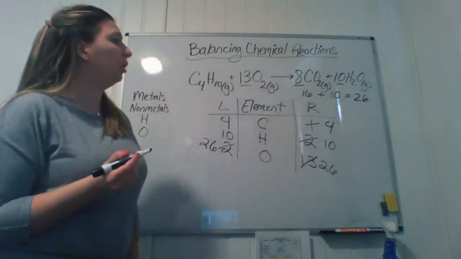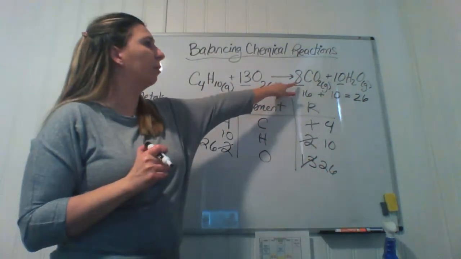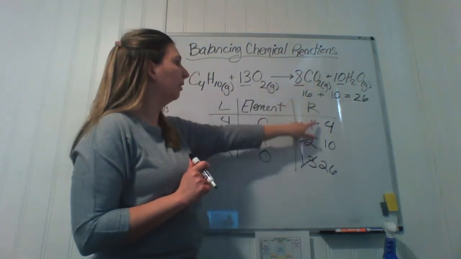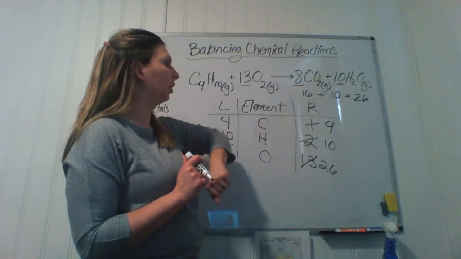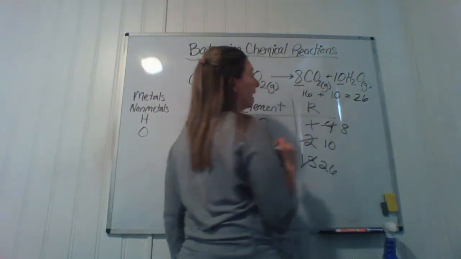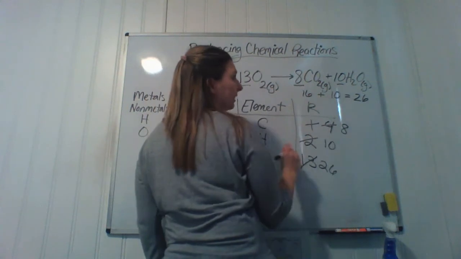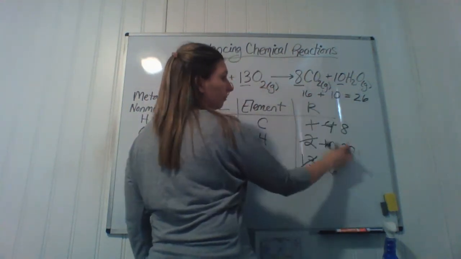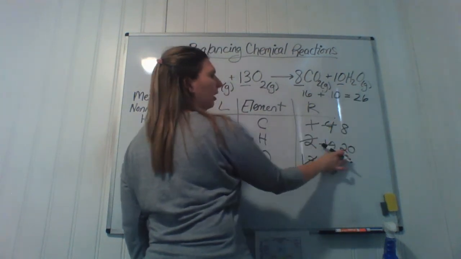But what else has changed now that we changed the coefficient? We've also changed the number of carbon and hydrogen. Now we have 8 carbons on the right and 20 hydrogens on the right. 10 times 2 gives us 20.